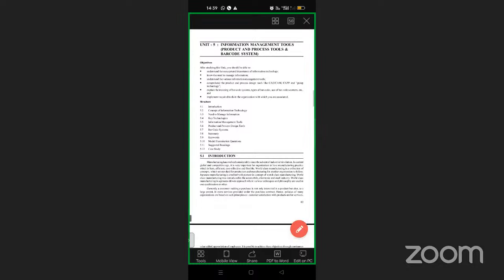If you just look here on the screen: information management tools, product and process tools, and barcode system.